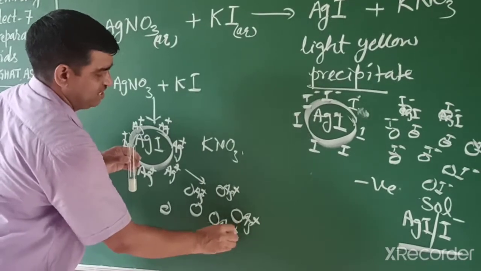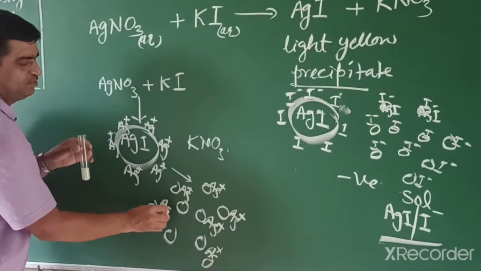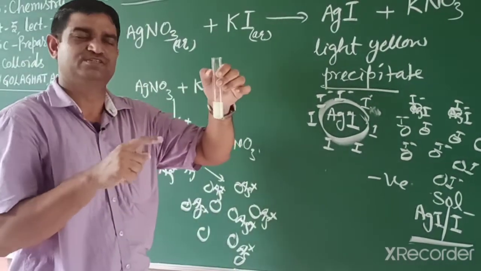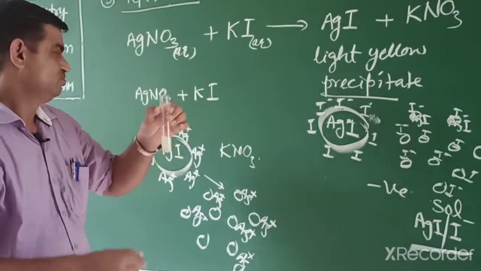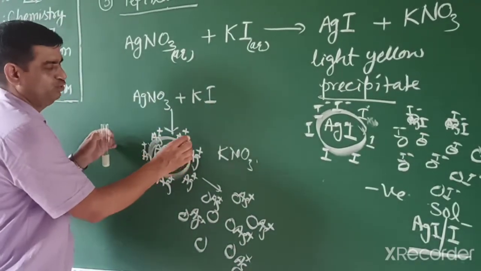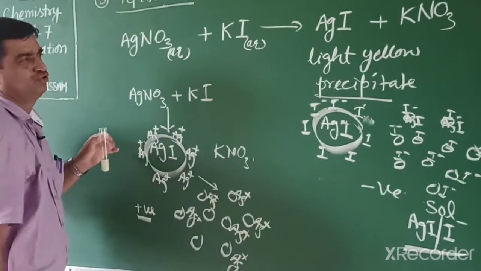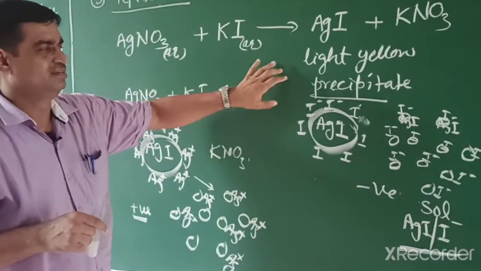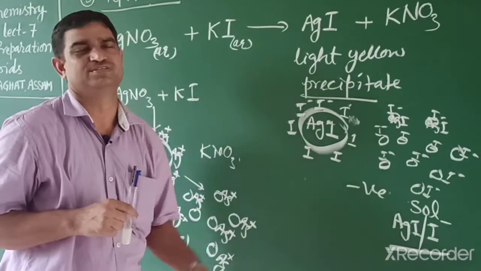So students, this is preferential adsorption. It is known as preferential adsorption because at first we take silver nitrate and then we add potassium iodide. So this is a positively charged colloidal sol. But if I add silver nitrate to potassium iodide, then iodide ions adsorb on the surface, and it is negatively charged.